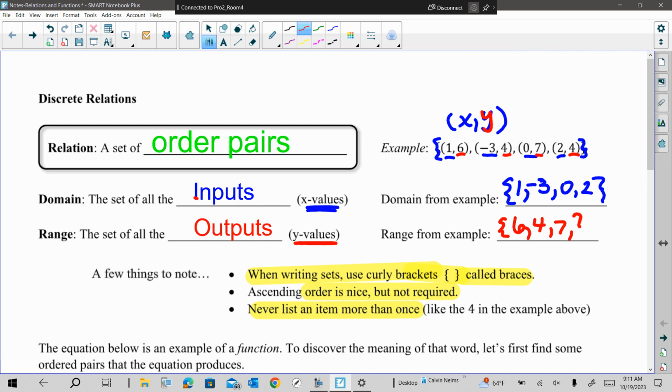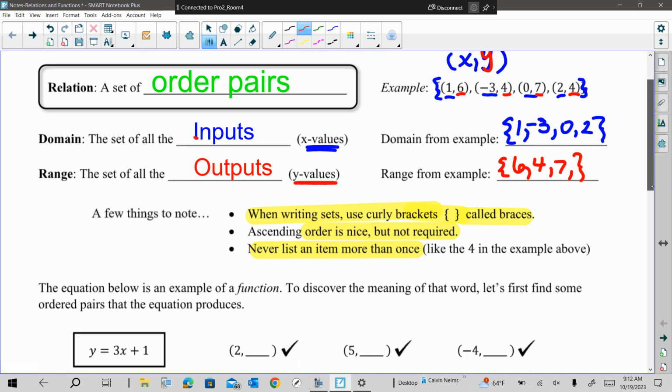So it's just the set of Y values. Now, at times, they'll ask you to put the domain or range in order. So this set would be 4, 6, 7.